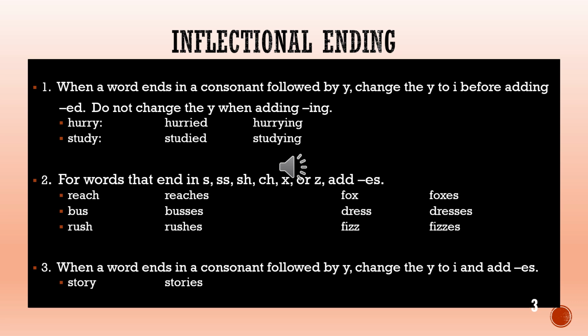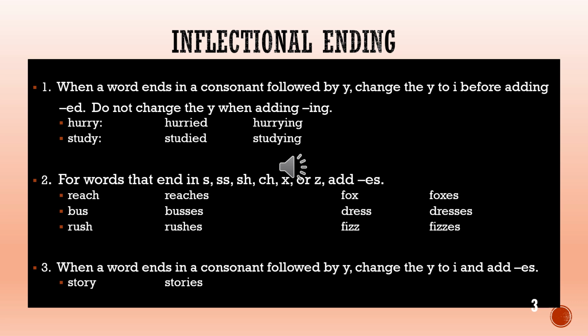Look at this one, rush. SH is the end of this word. And according to this rule, you are going to add ES. That's why you have rushes. Fox ends with the letter X. You add ES according to the instruction.